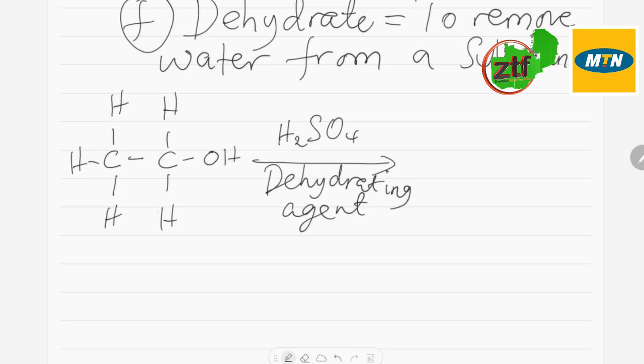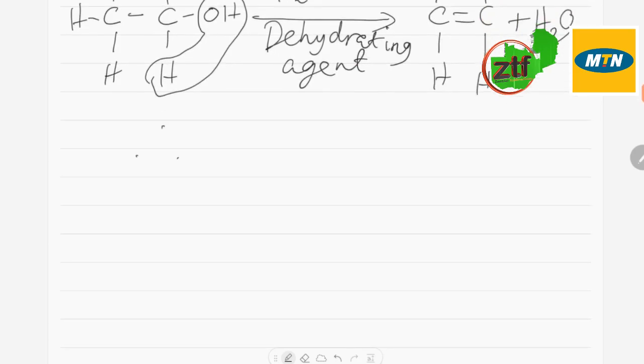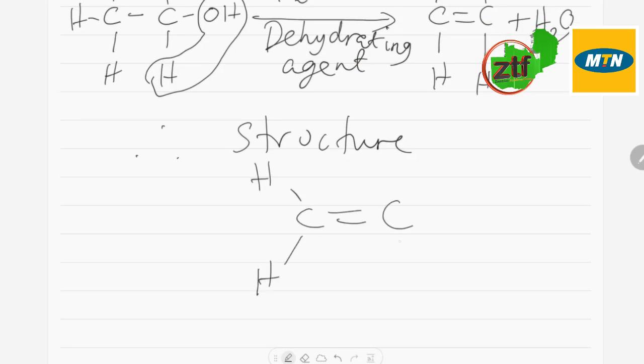The water molecules will be removed from our alcohol. So water is removed, and an alkene known as ethene is formed, plus H2O. Therefore, the structure of the compound formed when ethanol is dehydrated is this one, ethene. So this is ethene. It is formed when ethanol is dehydrated.